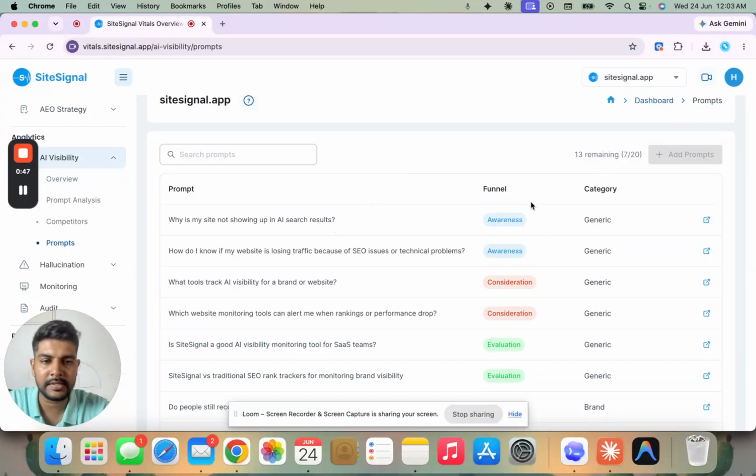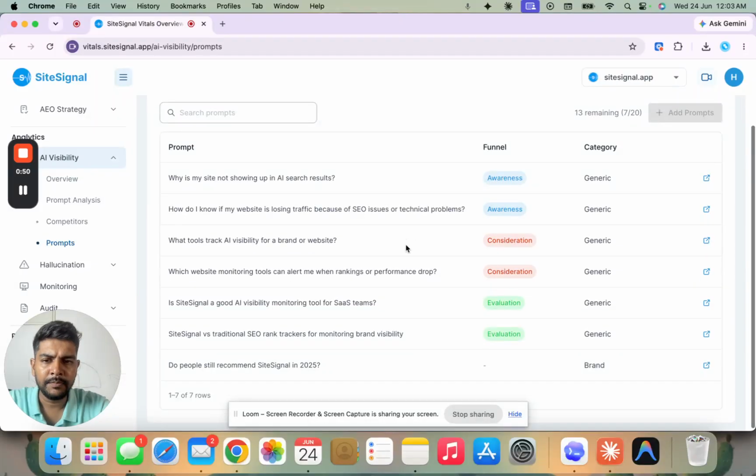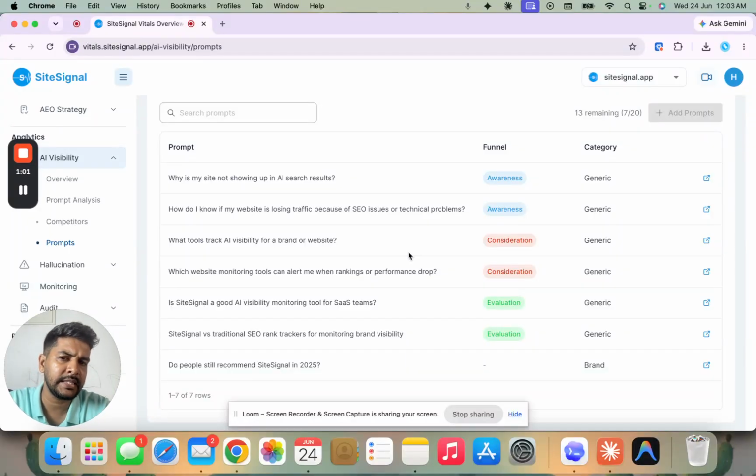They are in the awareness stage. And then if they know something about a particular brand, say some detail like how ChatGPT works or what the tools are, they are specifically checking something. So we call that the consideration stage.